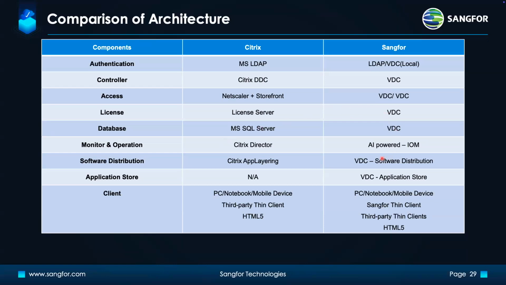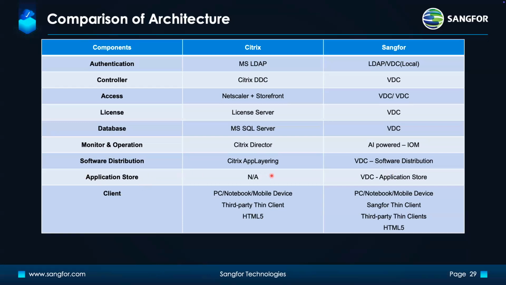Whereas within Sangfor, we have our native operations and management within the VDC appliance or cloud-based as well. You have both options, right? Now, the software distribution: you have to rely on Citrix App Layering, which is separately licensed, whereas in Sangfor, you have the native feature within the appliance itself.